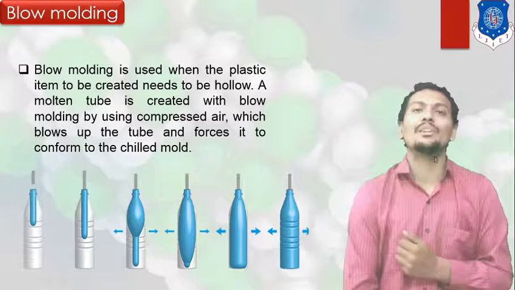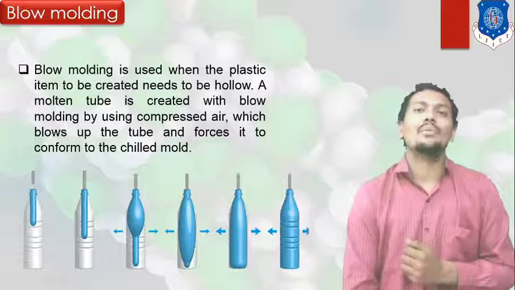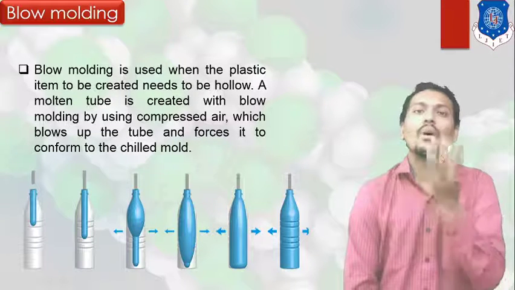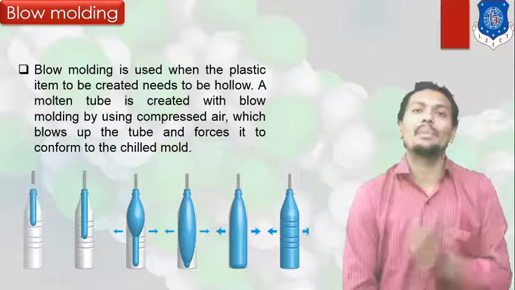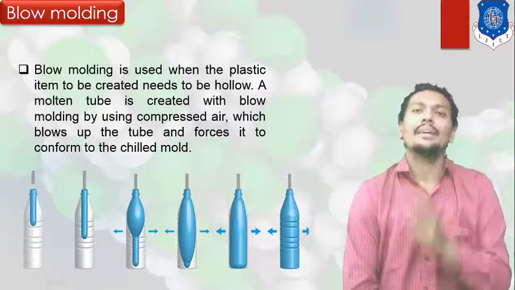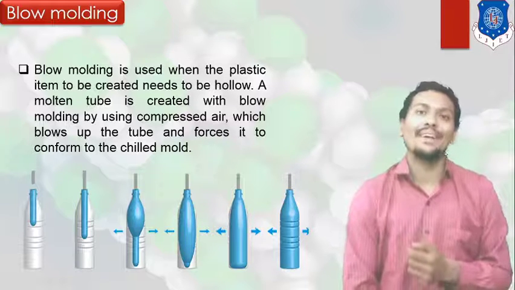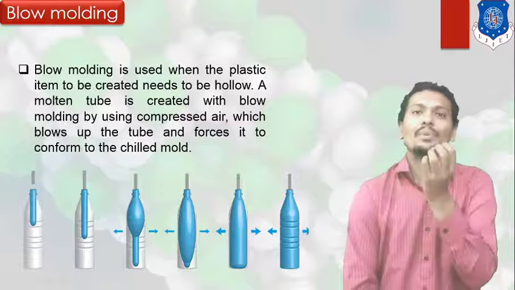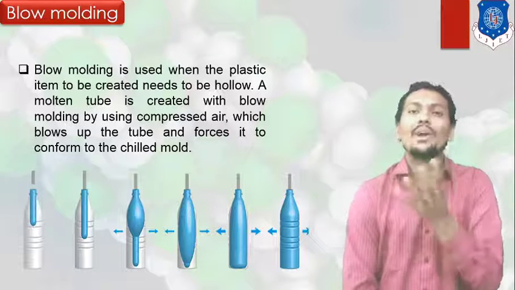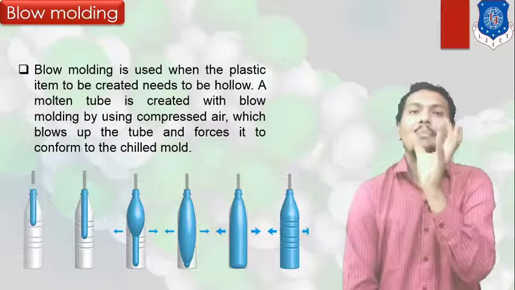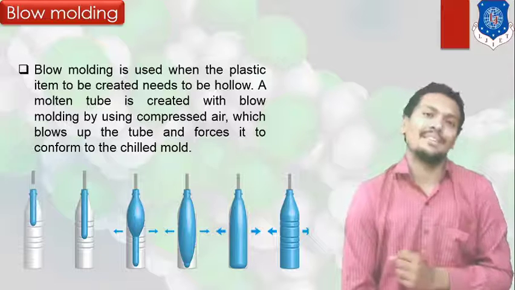Here I mentioned the blow molding process, which is very useful for bottle making. The plastic bottle is made by blow molding. As per the name, with blowing of air, you can make the plastic bottle, right?